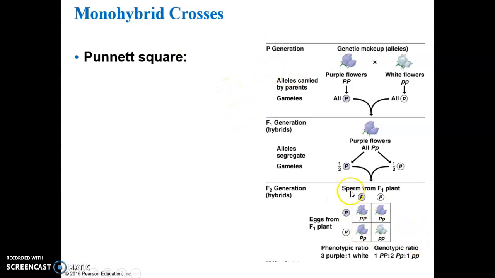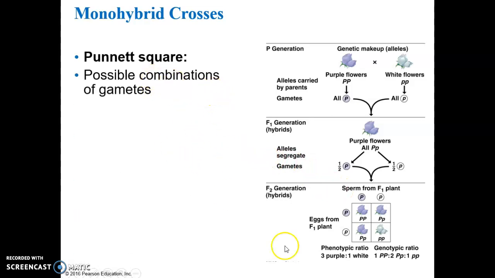And that's what's shown down here. Notice sperm and eggs. And what goes in the Punnett Square is the possible combination of the genetic information from the two parents, and the alleles that can come together will determine the physical characteristic of the offspring.